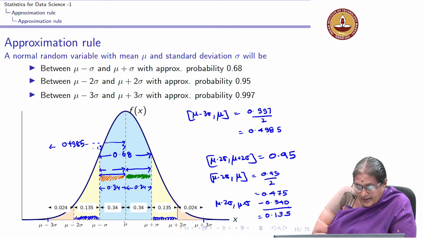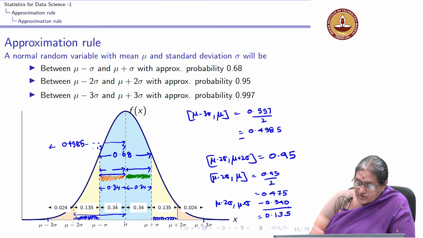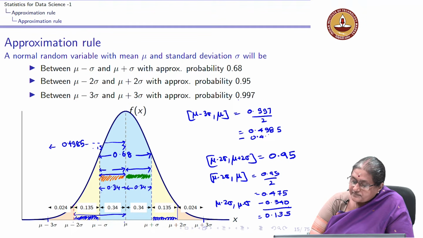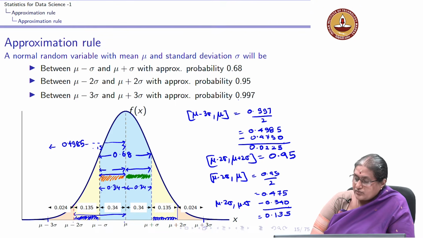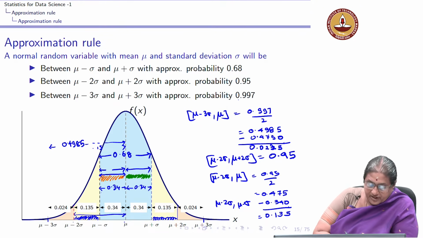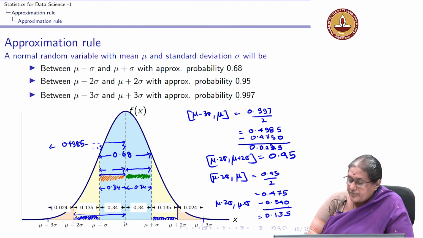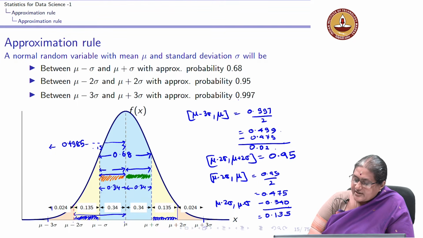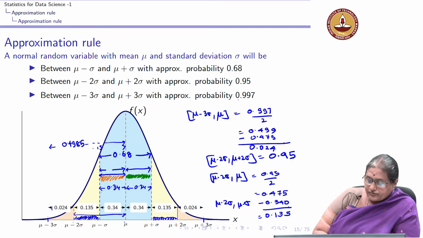From that I subtract this area, 0.475, and I get the difference 0.0235, which can be approximated by 0.024.